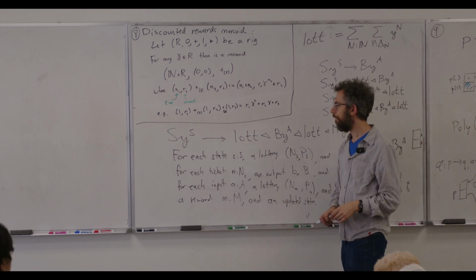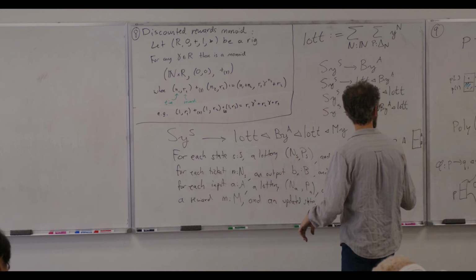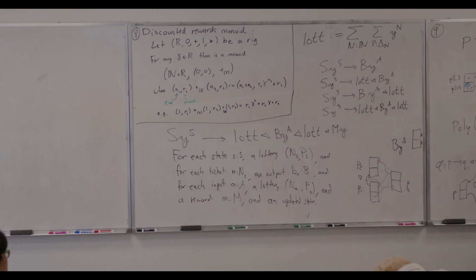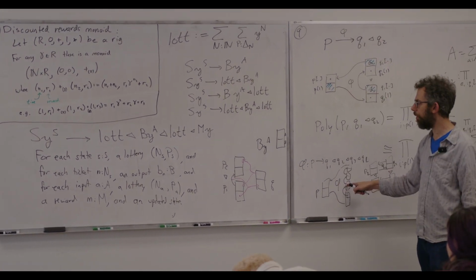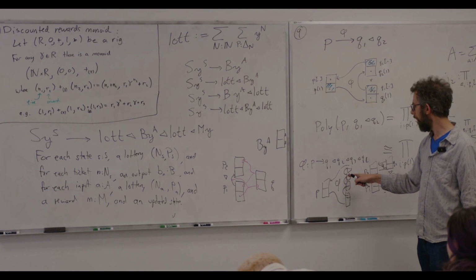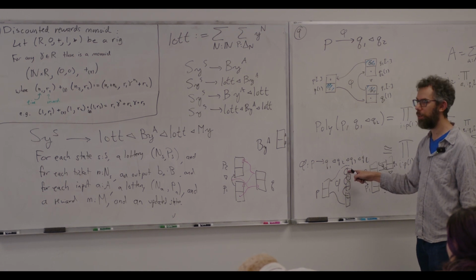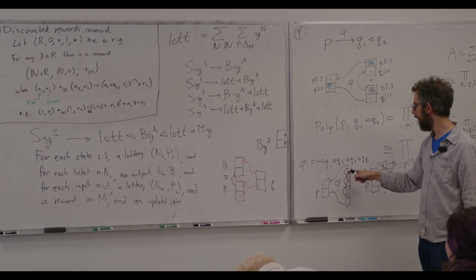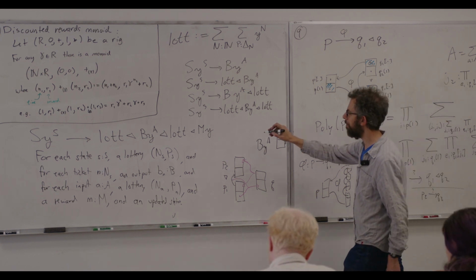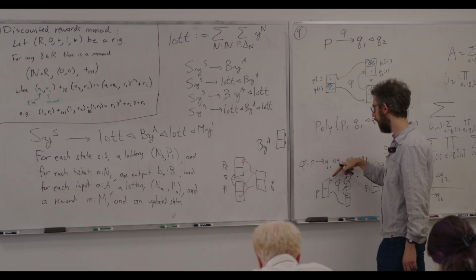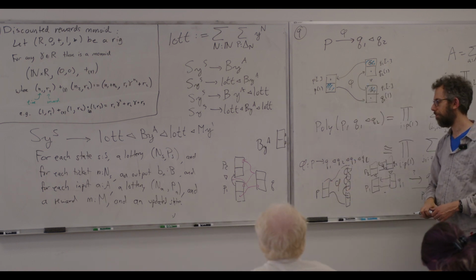For each state, a choice of lottery, and for each ticket, an output in B, and for each input, a lottery, and for each ticket, a reward in my monoid of rewards, M, and for each of unit type, a new state.